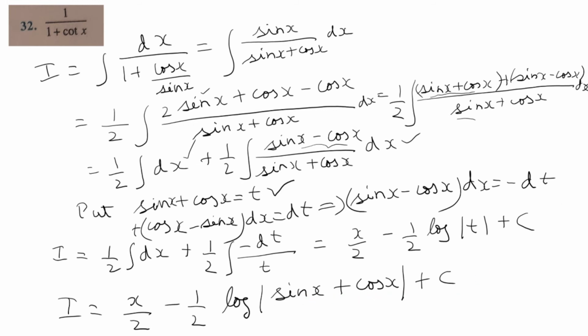Now moving on to the next question, 1 by 1 minus tan x. So let us take I is equal to integral dx by 1 minus tan x. We can write tan x as sin x by cos x.